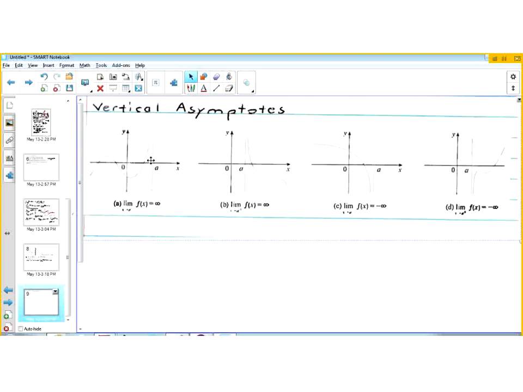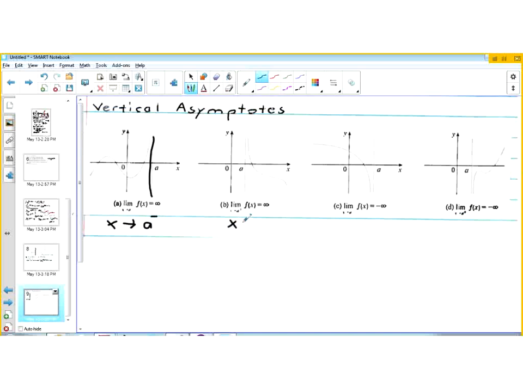So in figure A, as x approaches a, the output goes to infinity. So x equals a is a vertical asymptote, even though the function is not defined for x greater than a.